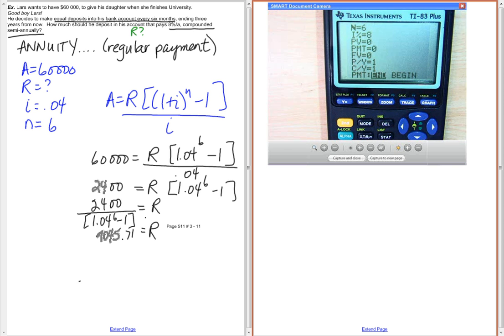Our future value, $60,000. It is paid and compounded semi-annually, so both of those numbers are 2's. We would scroll back up to the payment option. It's going to be a negative answer because it's coming out of Lars's pocket. We're going to do alpha, enter $9,045.71.